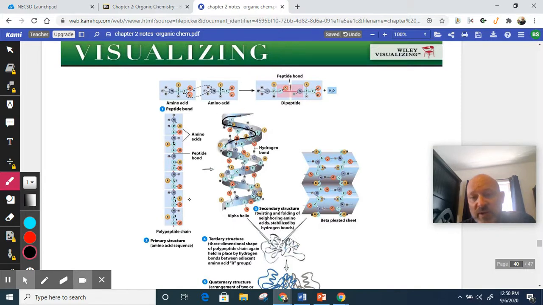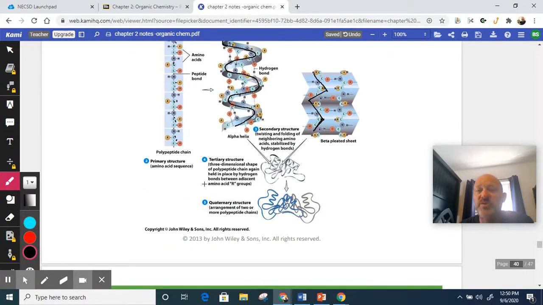It twists around forming a helix. This is a common shape. Or it could start to fold like a folded piece of paper like this. This is called beta pleated sheets. There's a third one that's just random coiling, right? So alpha helix, beta pleated sheets, random coils. These are all pretty common shapes that can occur as we start to really pile on amino acids.